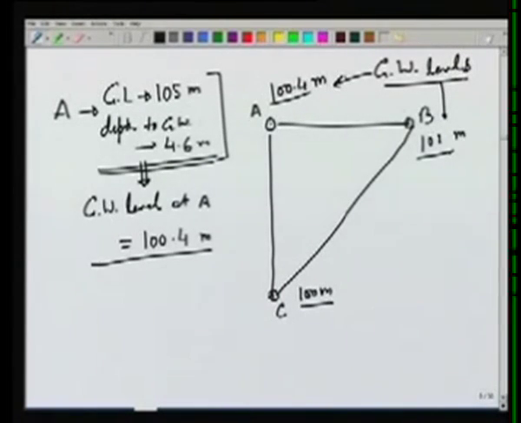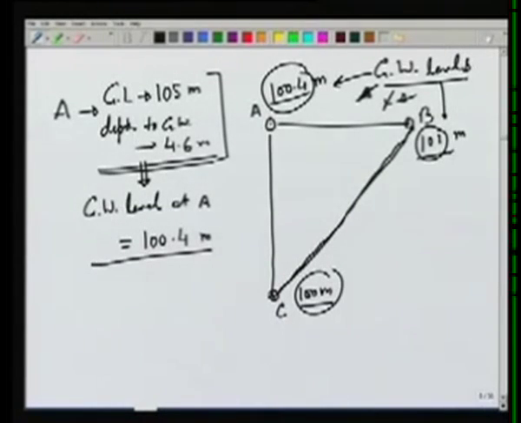So if we look at these three elevations, 101 here, 100 here, 100.4 here, we know that groundwater flow will be from the higher head to the lower head, but it may be in this direction, it may be in this direction, it may be in this direction. So in order to estimate roughly what is the direction, we can do a linear interpolation. For example, this is from 100 to 101, so we can estimate where on this line would be 100.4.